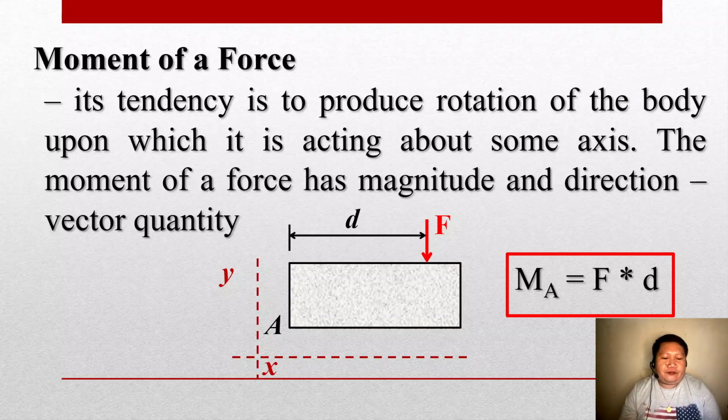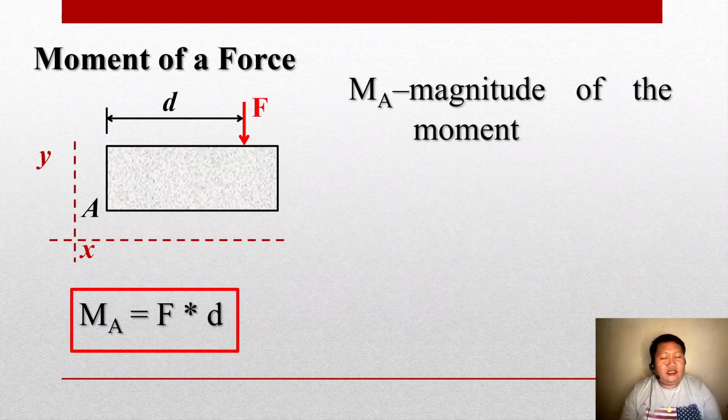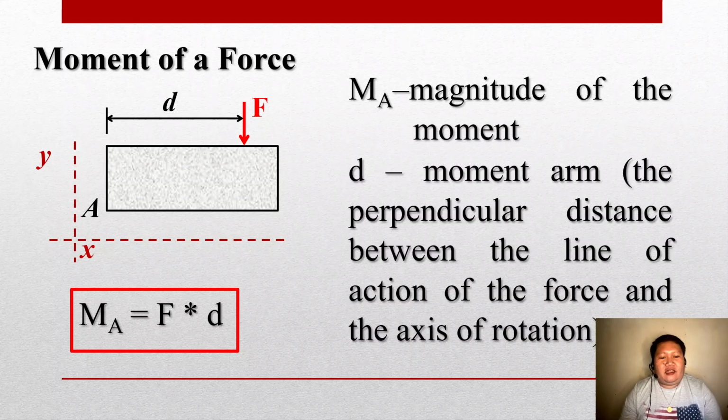So here we have the moment, or MA, because it's rotating about point A. So it's the magnitude of the moment, that's MA. And then d is the moment arm, or we call it the perpendicular distance between the line of action of the force and the point of rotation, or the axis of rotation.